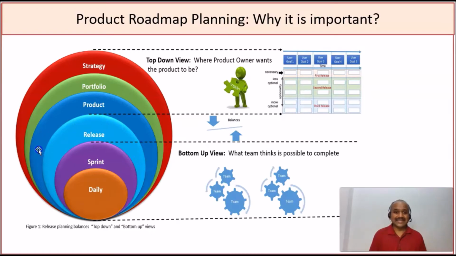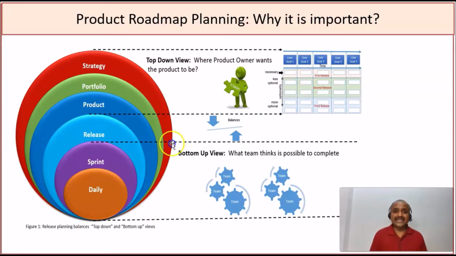As per the target set for the release planning events, we then decide the sprint planning and its targets. As part of the sprint planning targets, we derive inputs for the daily planning events. So we have a top-down flow, from strategy to portfolio to product to release to sprint and daily planning events.